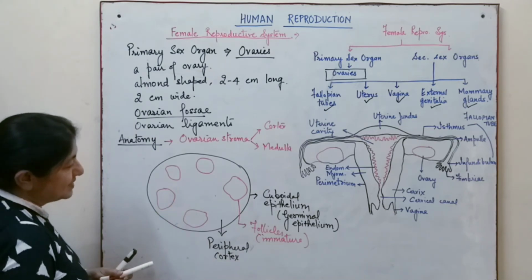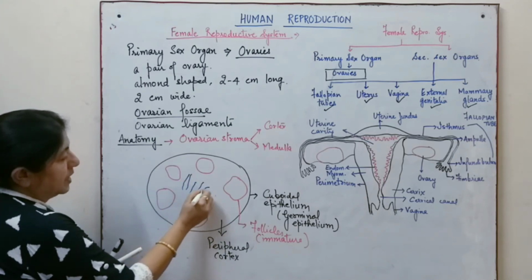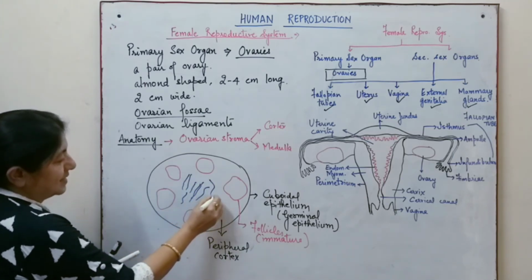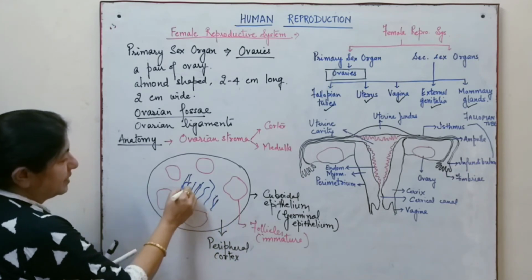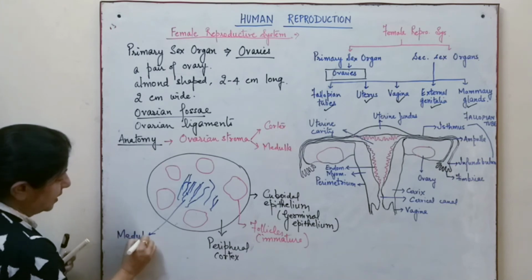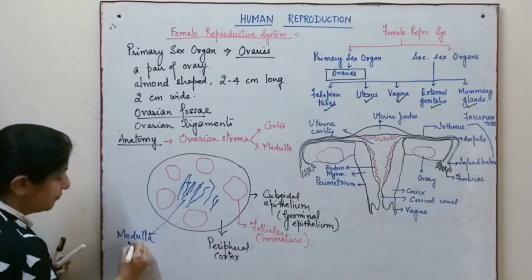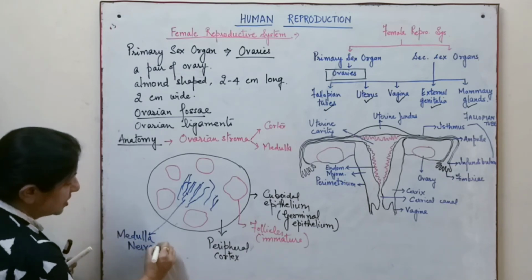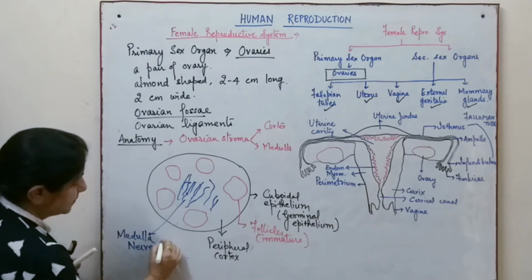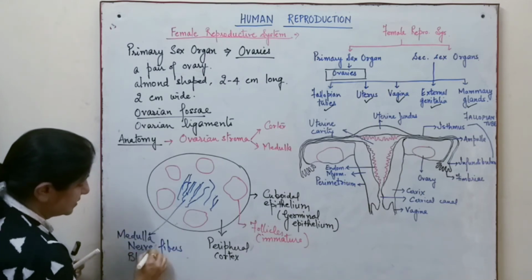The medulla is inner, and it consists of nerve fibers. It is highly rich in nerve fibers and also blood vessels.